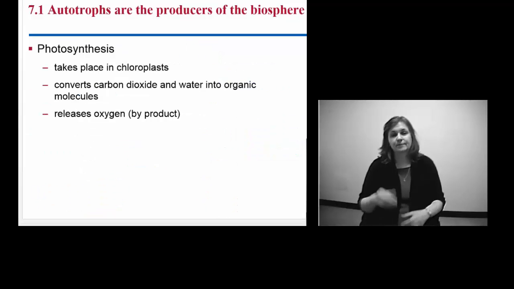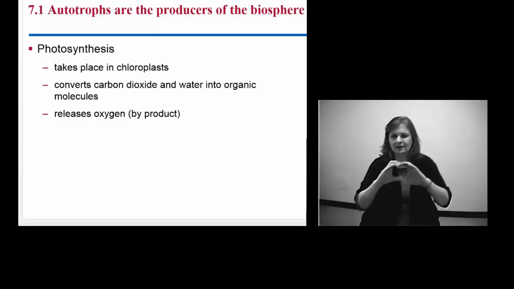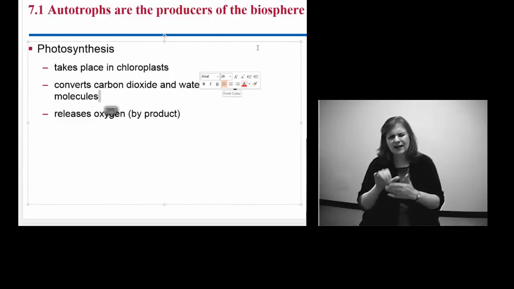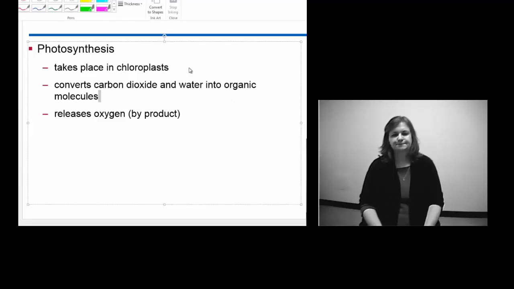In photosynthesis, we're actually going to look at it taking place inside of something called a chloroplast. The chloroplast is a specific organelle inside the cells of plants that is going to help us convert carbon dioxide and water into those organic molecules. Or again, what did we say those organic molecules were for us? Right.